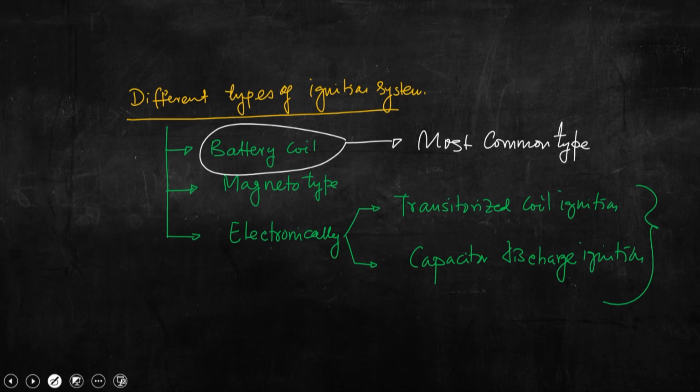So, let us discuss this particular type, about its advantages and disadvantages. I will draw the schematic depiction of this coil type.